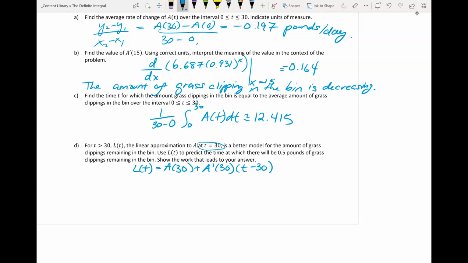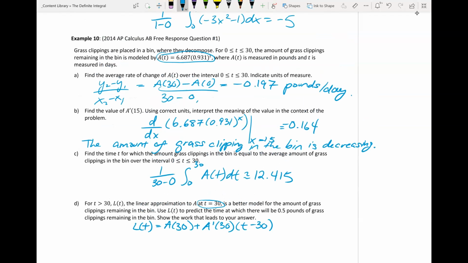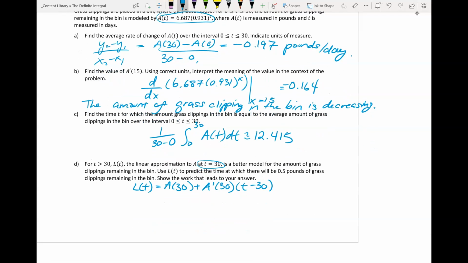A prime of 30, we can find again by plugging into our calculator. It's going to look very similar to part B, except we do x equals 30 instead of 15. A of 30, we can just plug 30 into our A of t in our calculator. And L of t is going to be 0.5 pounds, because that's what's given in the question.